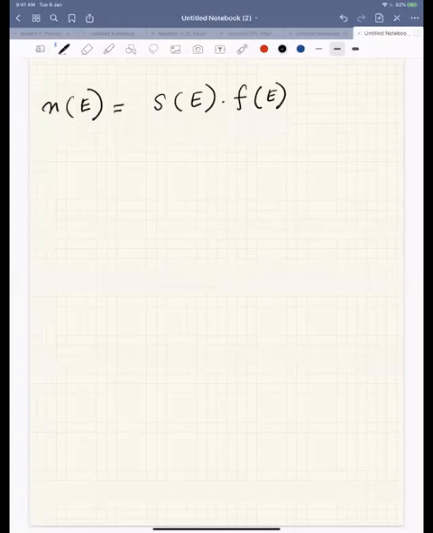The unit is per centimeter cube per eV, and this probability function does not have any unit.